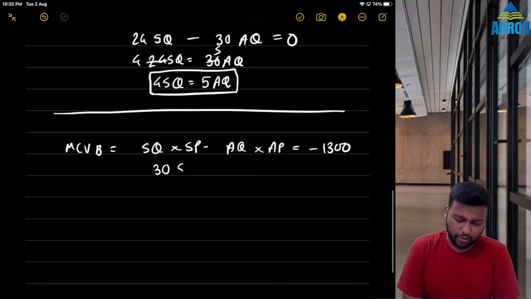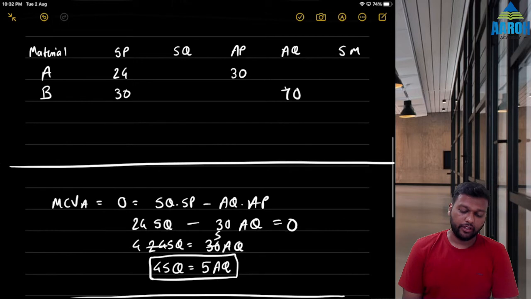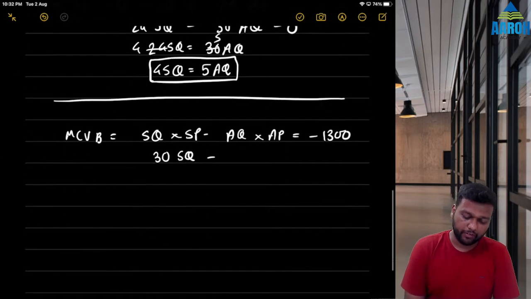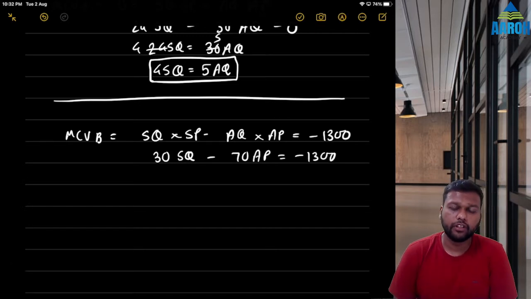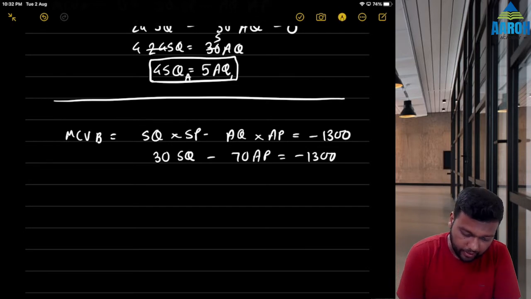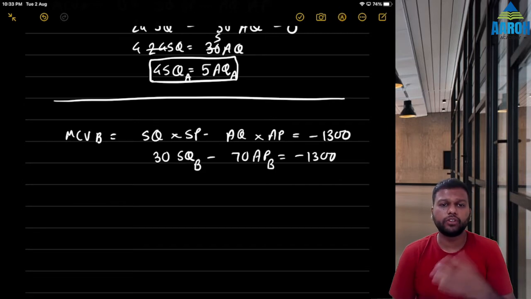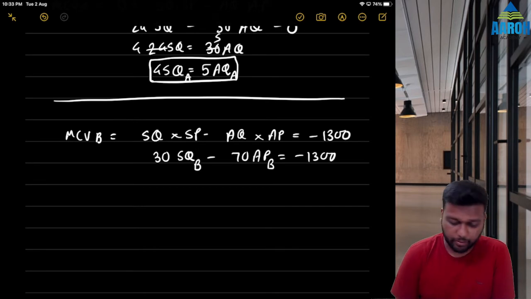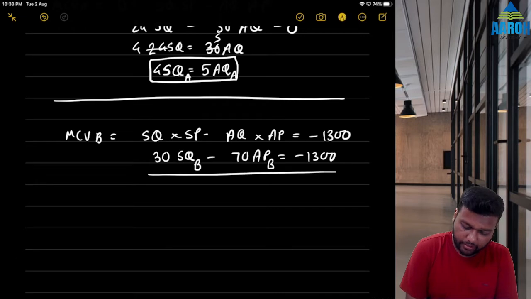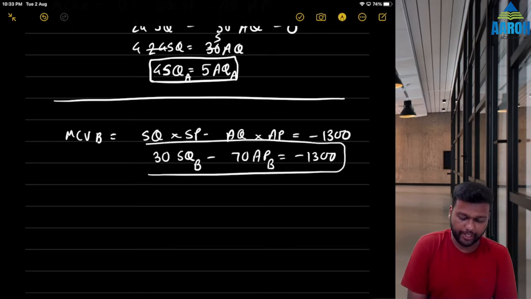Minus AQ we have 70, AP we don't have, so 70 AP is equal to minus 1300. This was for A, and this is for B. So still we don't have anything, because SQ of B, AP of B, what will we do with it? So no other information still. Again, let's store this and go ahead.